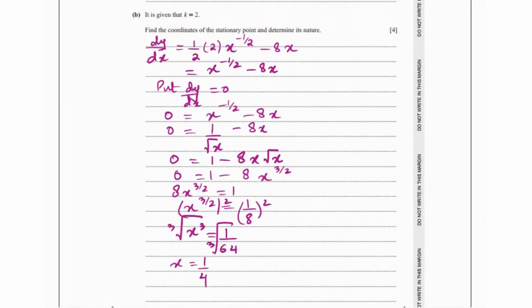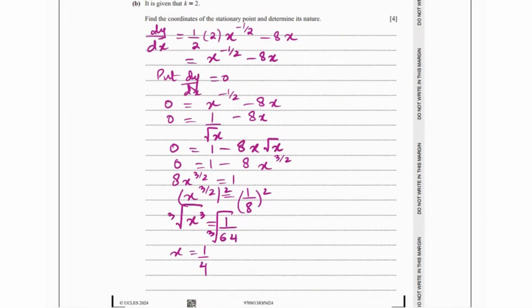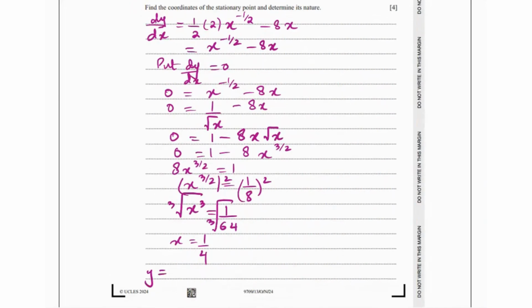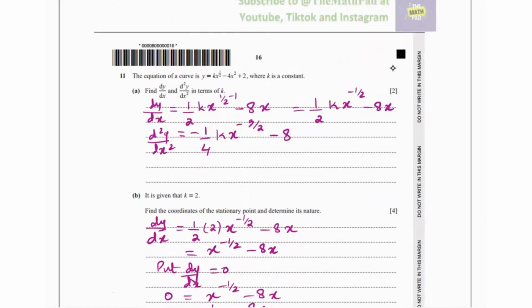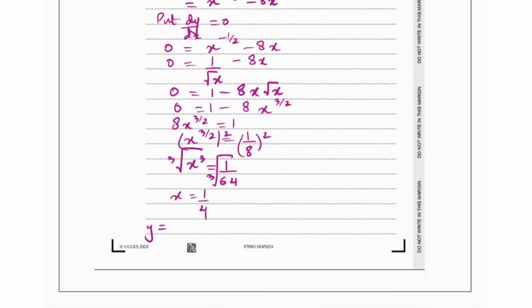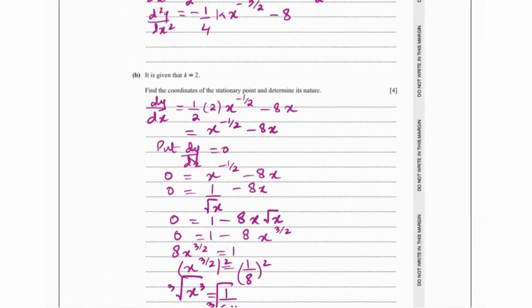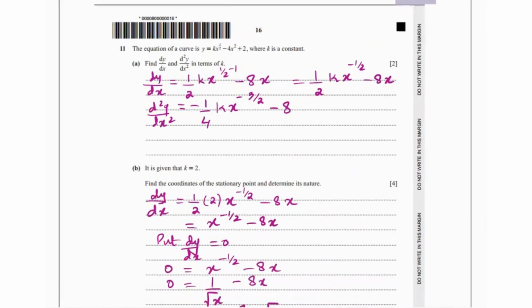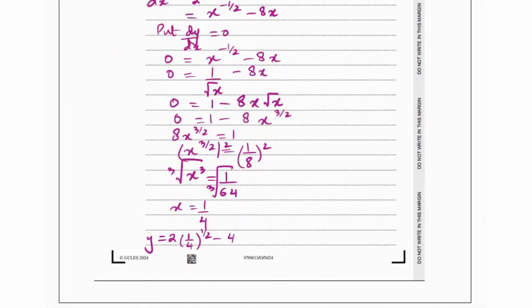So we find the y value now because they want the coordinates of the stationary point. So y is going to be 2 times x to the power of 1 over 2, so 1 over 4 to the power of 1 over 2, minus 4x squared plus 2. That's going to give us 11 over 4.